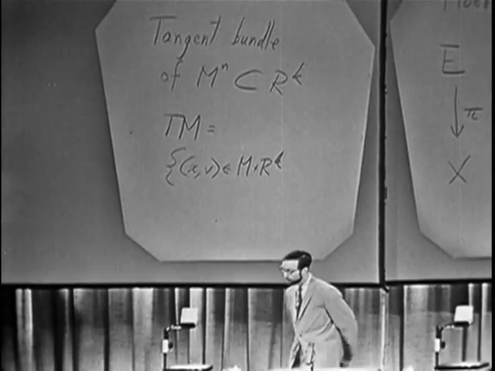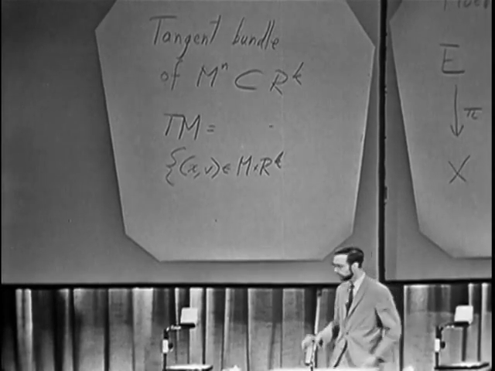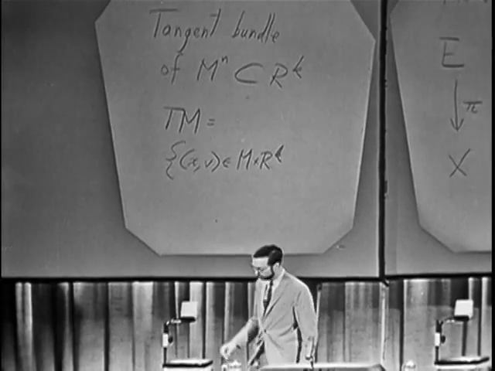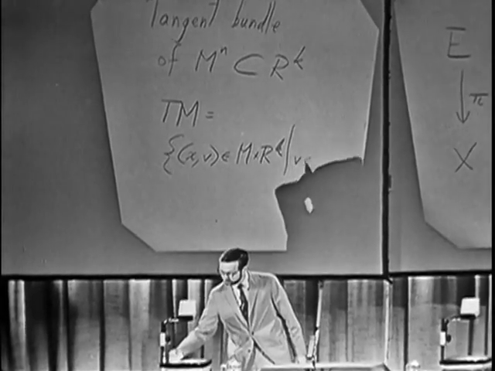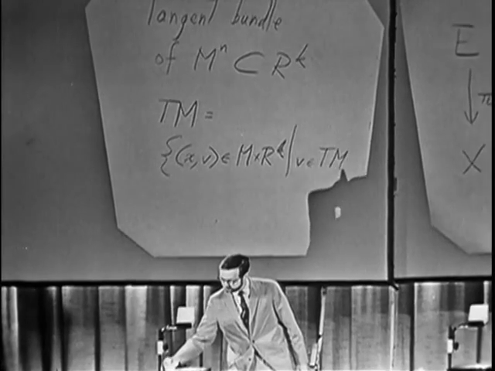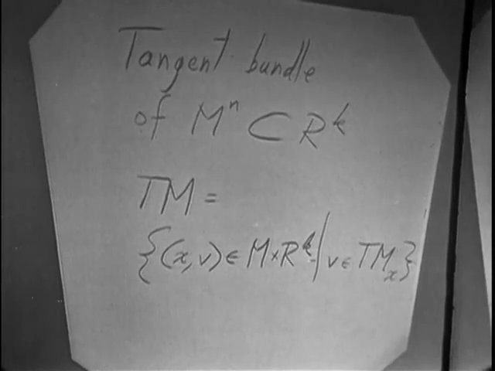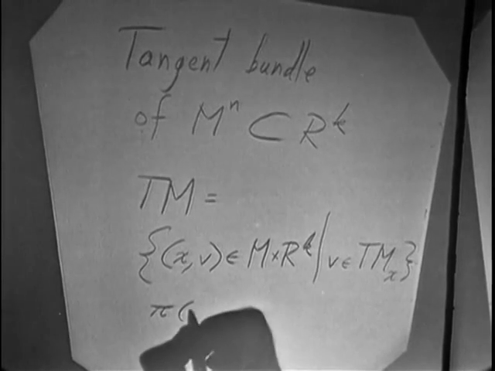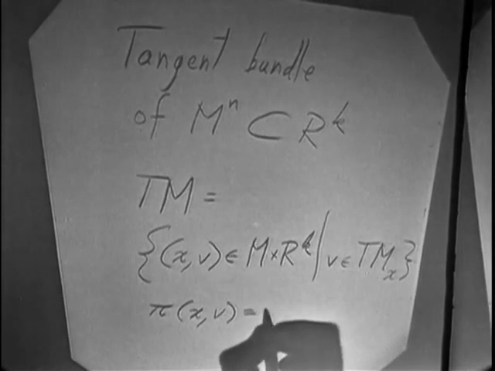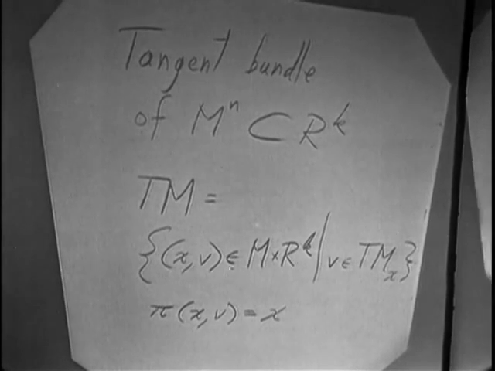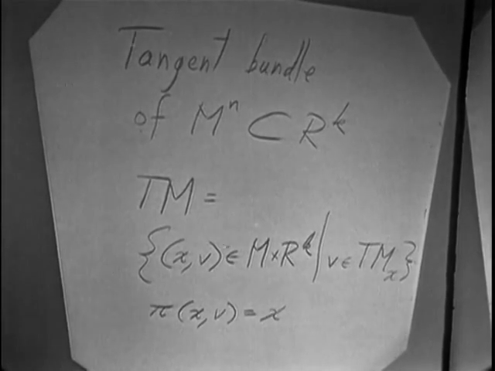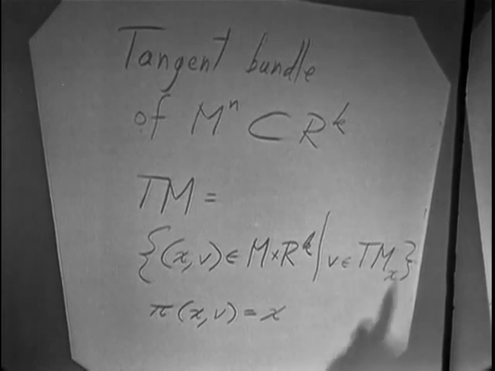But we don't consider arbitrary points of M cross R^k. If we did, we would just have a very trivial kind of vector bundle. What I want, rather, is pairs satisfying the special condition that v is tangent to M at x. And the projection map is defined by pi(x, v) = x. So that the pi inverse of x, the set of all points which map into x under pi, can be simply identified with this tangent space.